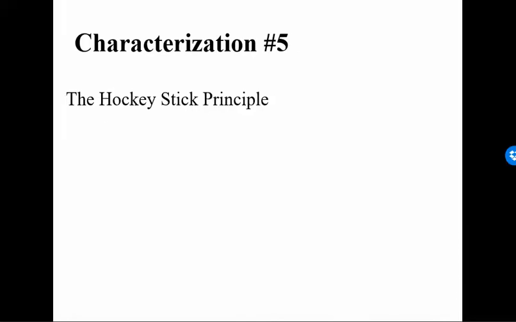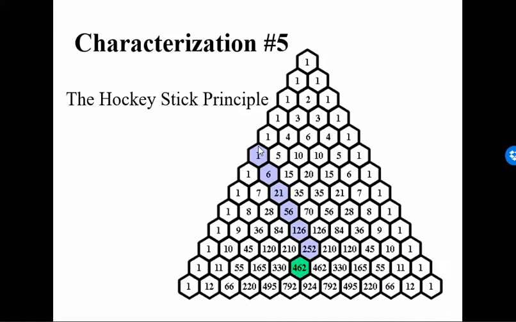Characterization 5 is the hockey stick principle. The hockey stick principle, you start on an edge here and just come down as far as you want. I've come down here 6 elements. And then you take a little curve. And the hockey stick here, this is the handle of the hockey stick, and this is the blade of the hockey stick.